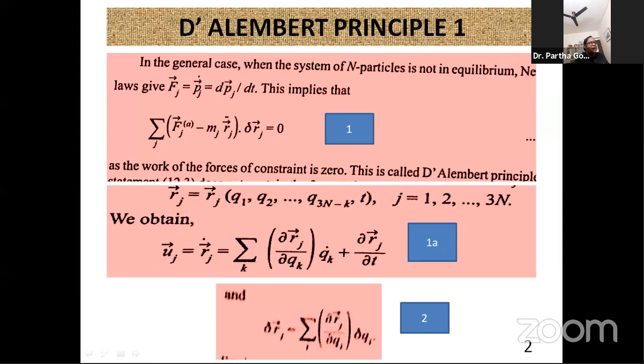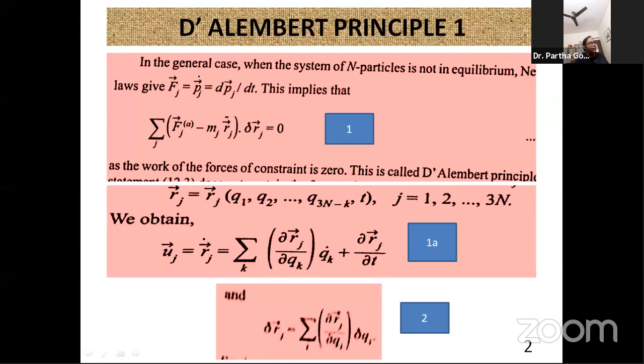Like the second slide, which is open, in the general case, I have just written the first line. When the system of n particles is not in equilibrium, I am still applying virtual displacement and writing down certain formulas, equation 1a, equation 2, and all that. So it is obvious that virtual displacement in a non-equilibrium situation is also applicable.